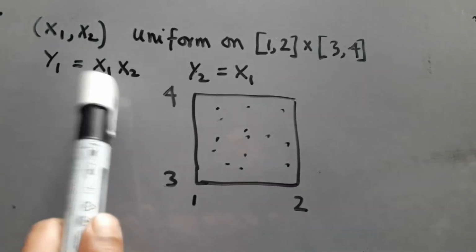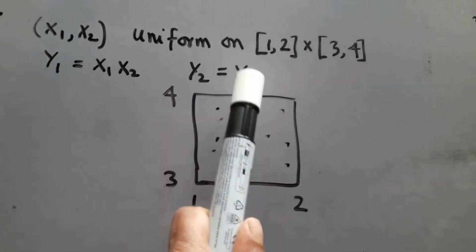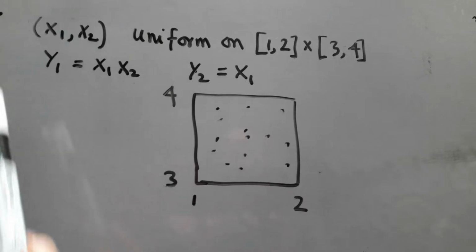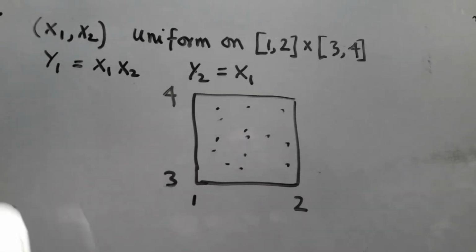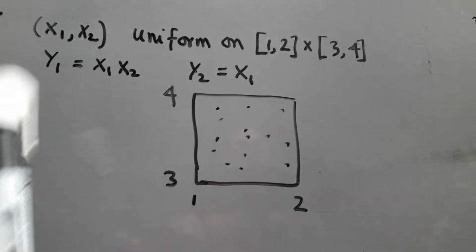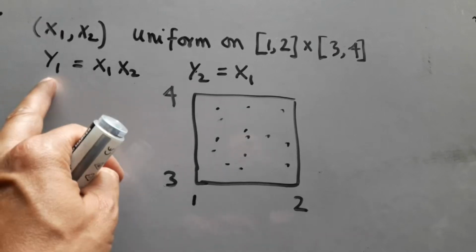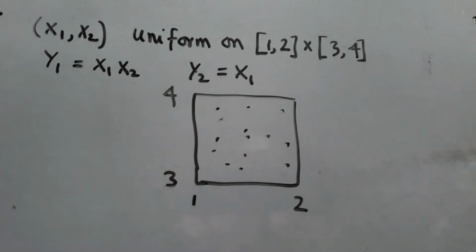Now I define the transformation: x1 times x2 is called y1, and x1 is given the name y2. So given the two numbers x1, x2, I am constructing two other numbers y1, y2. So this is a transformation. These are new random variables. My job is to find the joint density of y1, y2.